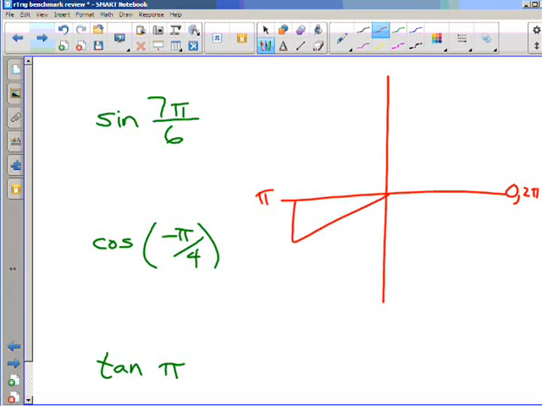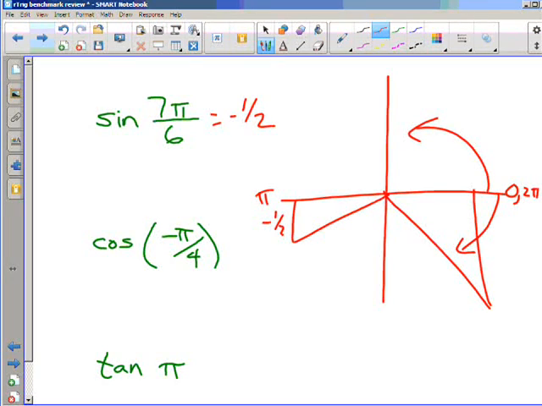All right, sine of 7 pi over 6. Well, over far left at pi is 6 pi over 6. We go one more. All but tangent are negative down here, so the sine being the opposite, negative 1/2. Negative pi over 4, now instead of rotating counterclockwise, we will be rotating clockwise. That puts us down in quadrant 4.